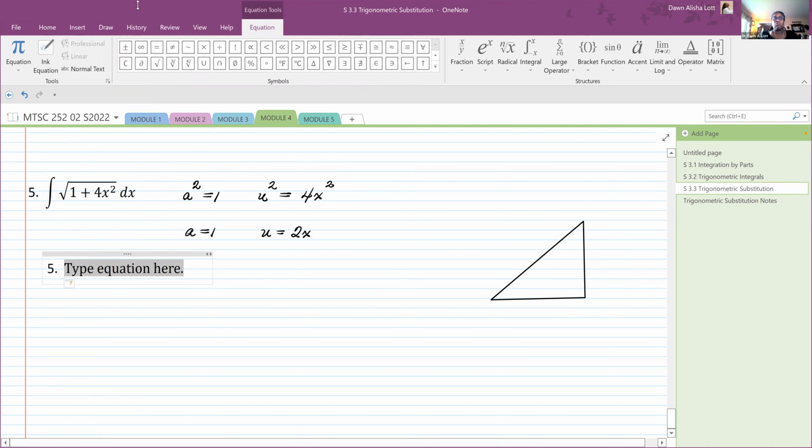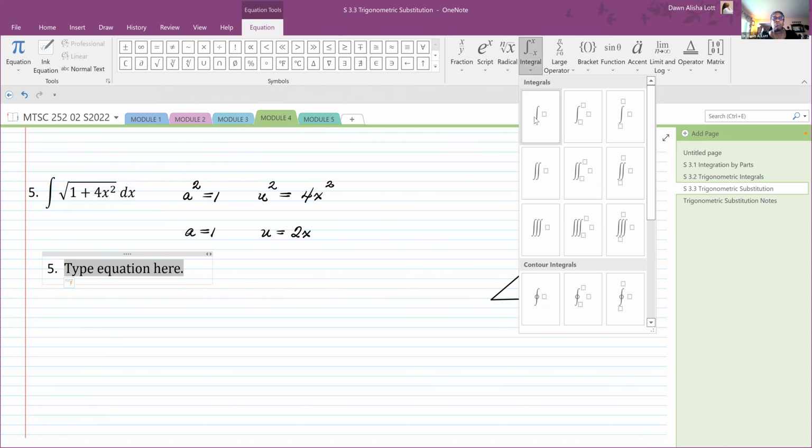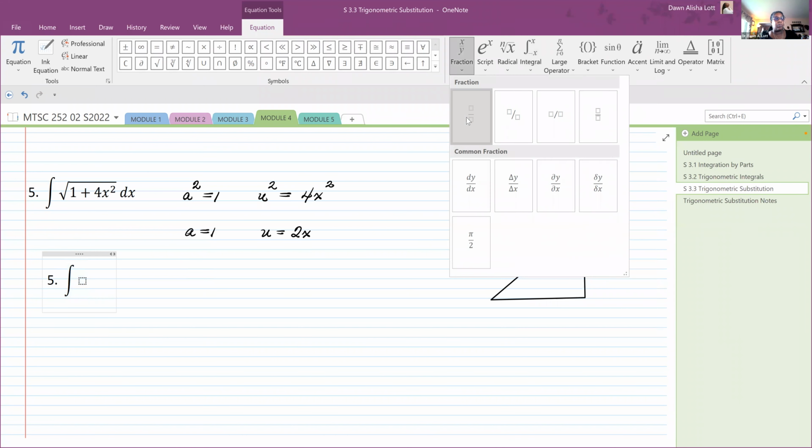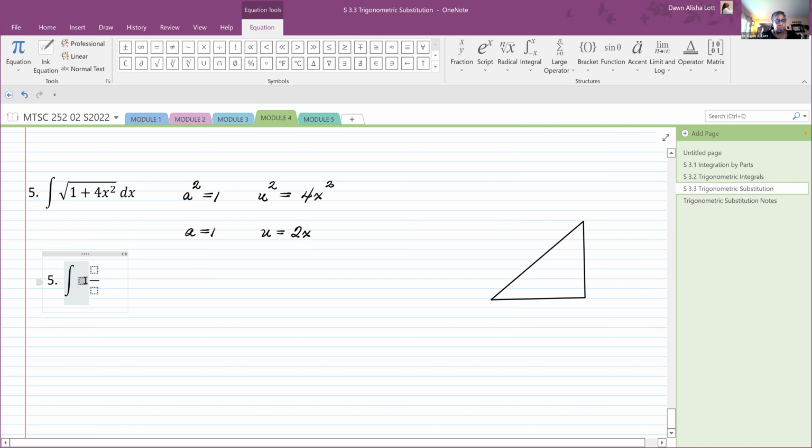So integral, okay, this one is doable. Much easier.